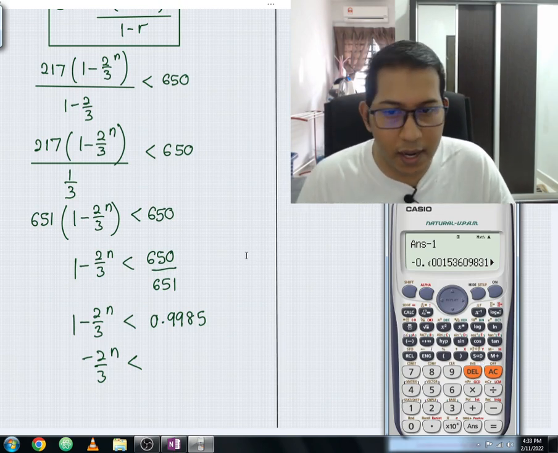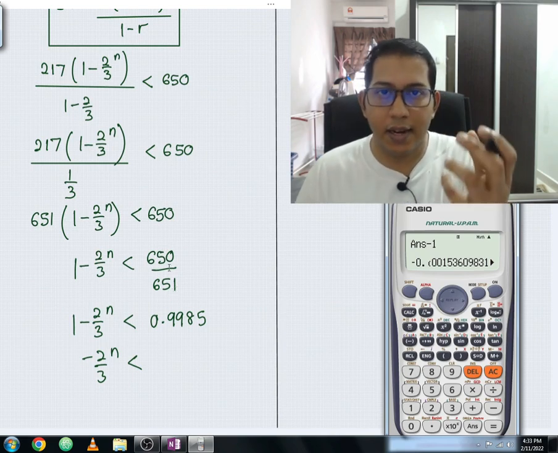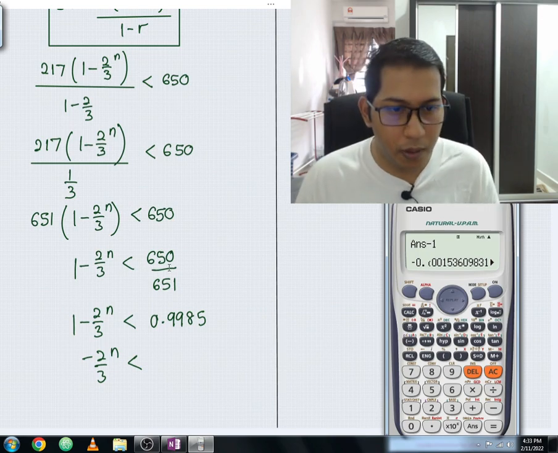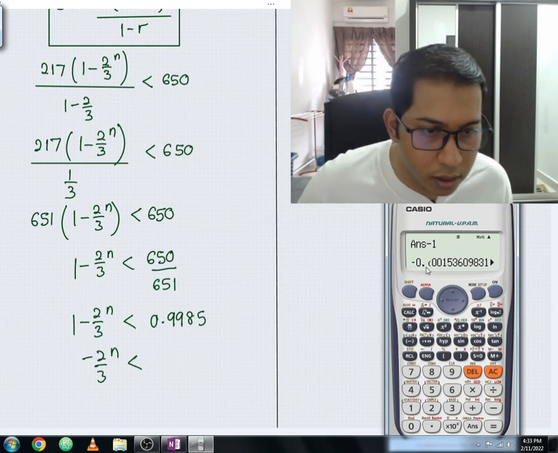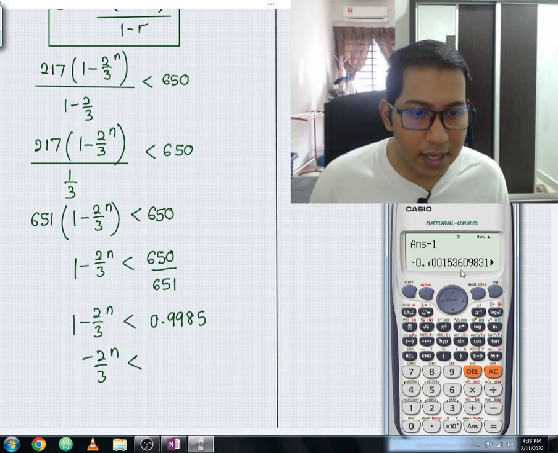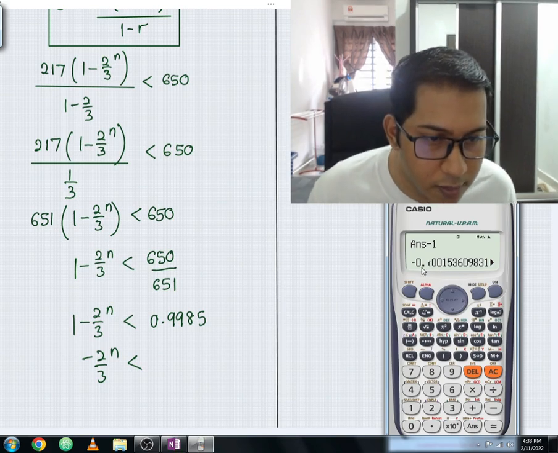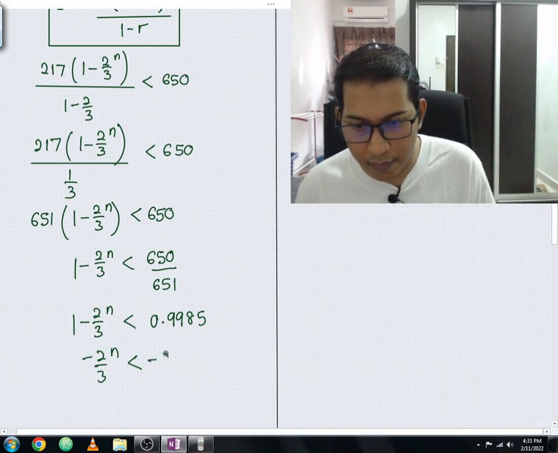So basically what I did is 650 divided by 651, got the answer in decimal value, and then subtracted 1 from that answer. So I got negative 0.001536. I take up to 4 significant figures in this case, because there is no value given, so you take up to 4 significant figures. So from here it will be negative 0.001536.